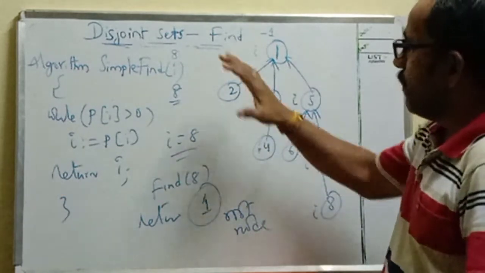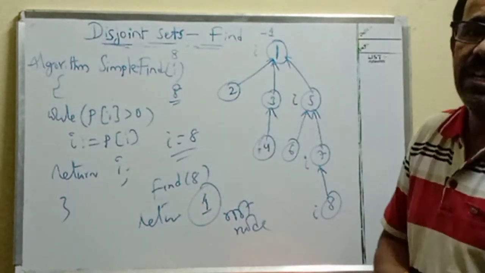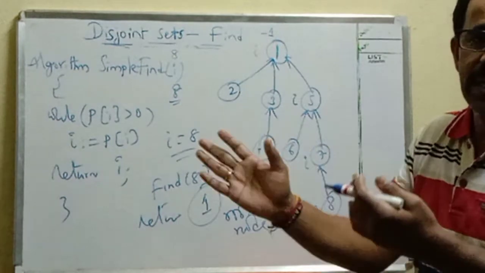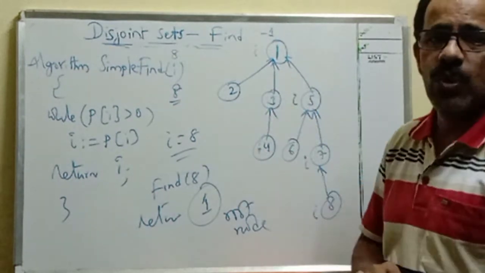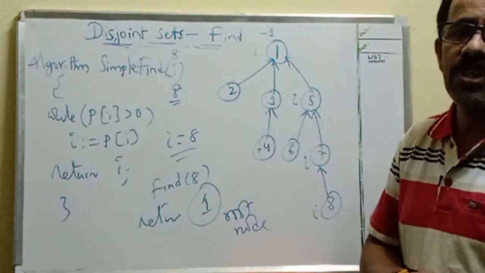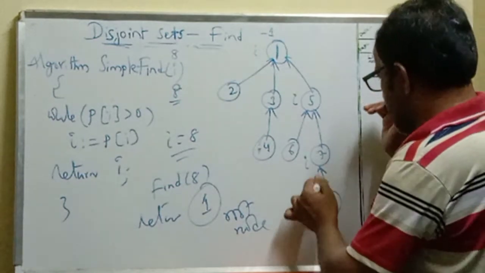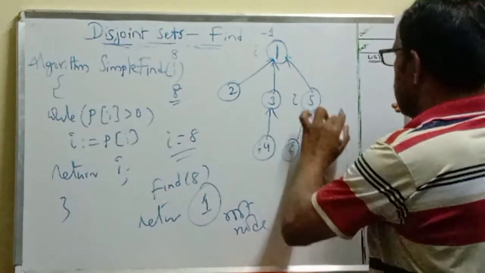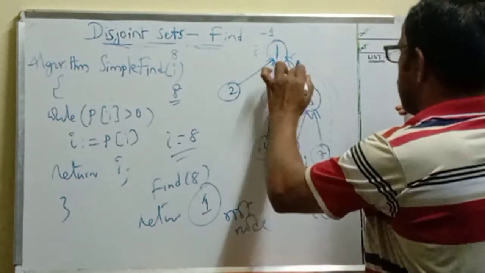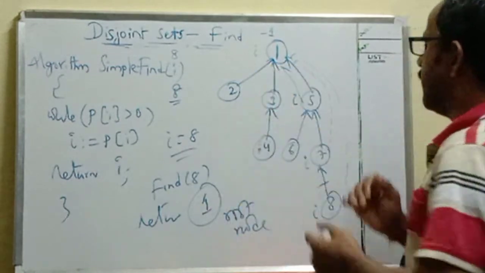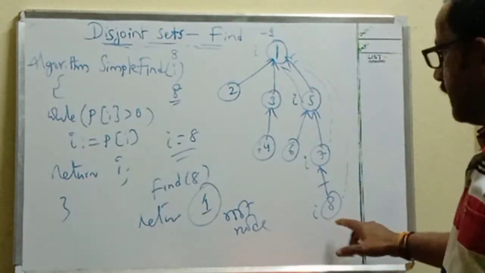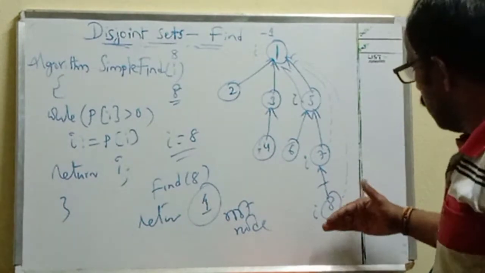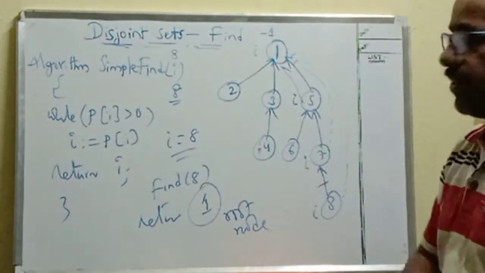Now, there is one beautiful updation, like the weighting rule in constructing union. Here, the collapsing rule is there. The aim of the collapsing rule is collapsing all the branches and attaching all the nodes in this particular path as direct children. Suppose find of 8 is there. Initially, we start at 8 and reach 1.